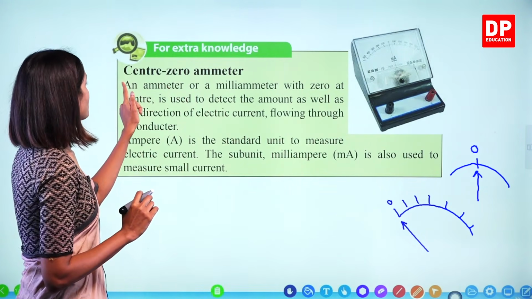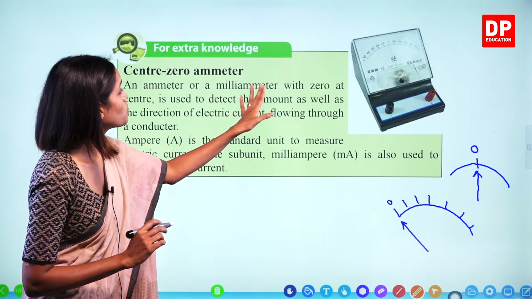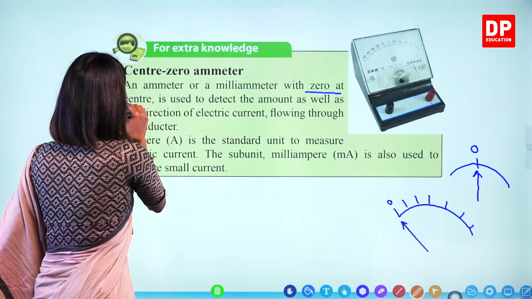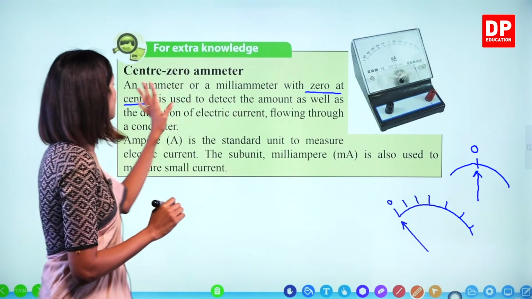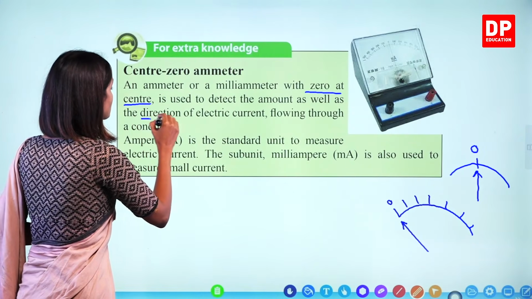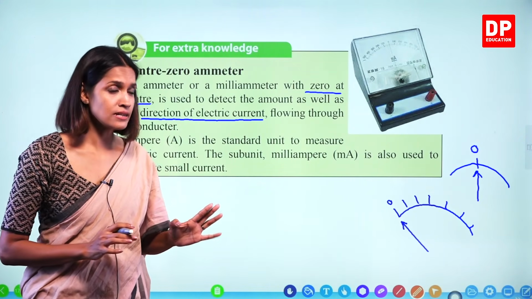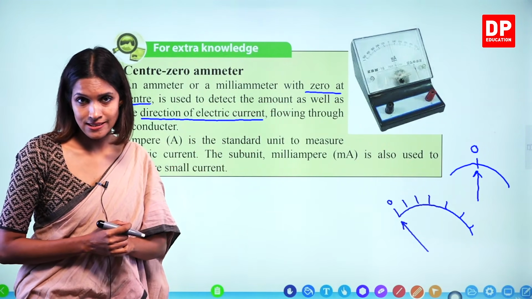Okay? So this indicator can move to either side. Understand? So an ammeter or a milliammeter and even a galvanometer with 0 at center is used to detect the amount as well as the direction of electric current. So we are going to learn under this lesson, there's a special direction to the flow of electricity.